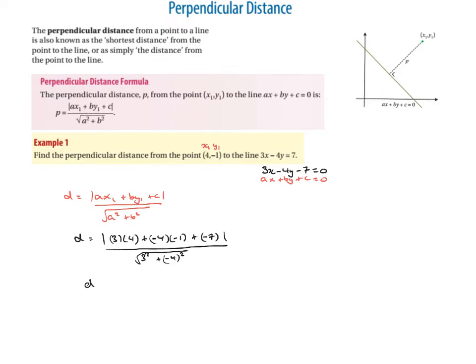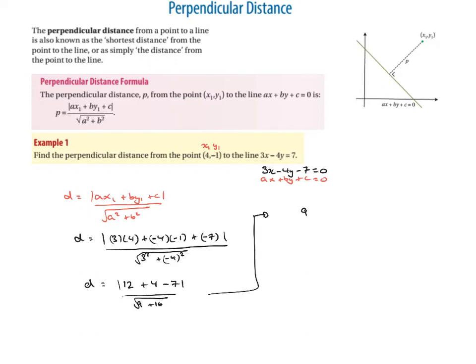Just a case now of working it out. For the first one, 3 times 4 is 12, minus 4 times minus 1 is plus 4, so plus 4, minus 7, modulus on the top. Then 3 squared plus 4 squared, so what we have there is 9 plus 16 square rooted. And we just come up here. So what we now have is 12 plus 4, which is 16. 16 take away 7 is 9.